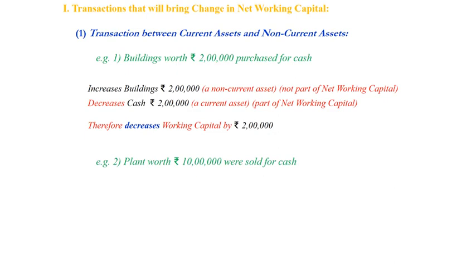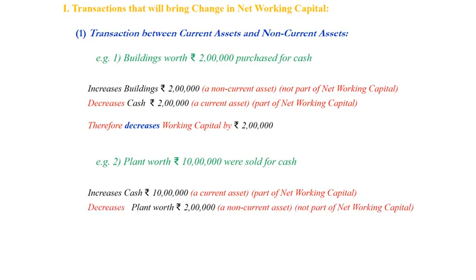Take another example. Plant worth rupees 10 lakhs was sold for cash. In this transaction, plant is going out, moving out of the business. In that place, cash is coming in worth rupees 10 lakhs. Current asset, that is cash, is increasing by rupees 10 lakhs. It is part of working capital, but plant is a non-current asset.